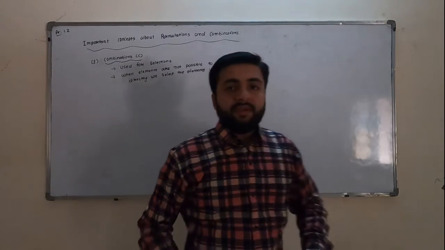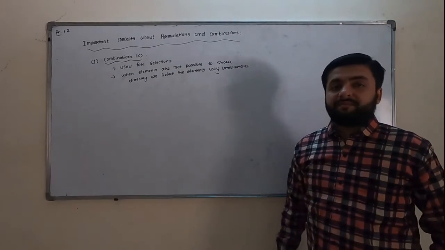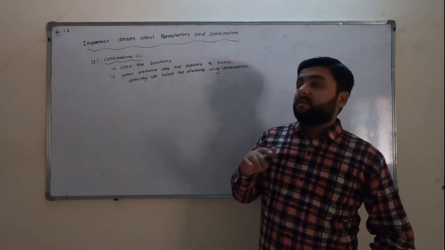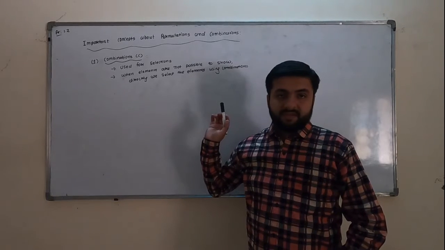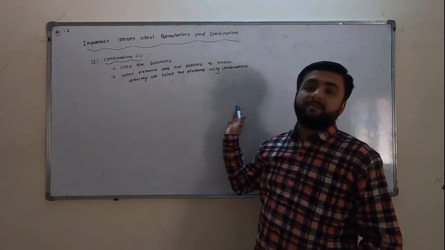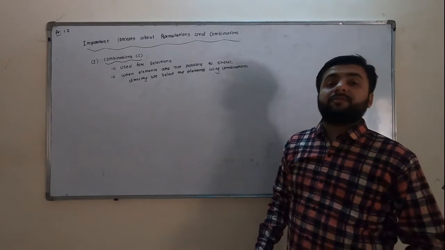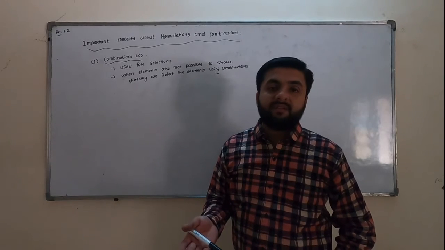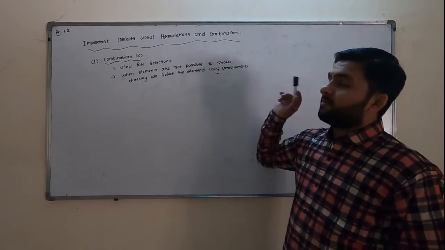How? See, in the previous sum, numbers were from 1 to 120. It is not possible to write all the numbers, and the favorable outcomes of event A are multiples of 3, so again all the multiples are not possible to write. So what we did was directly divide. But in all sums, division is not possible. So at that time you have to use the combinations directly.